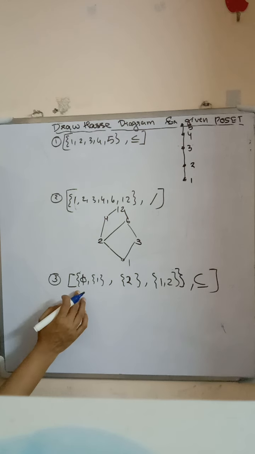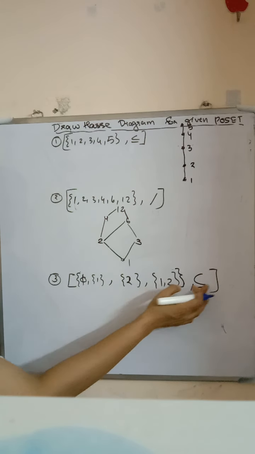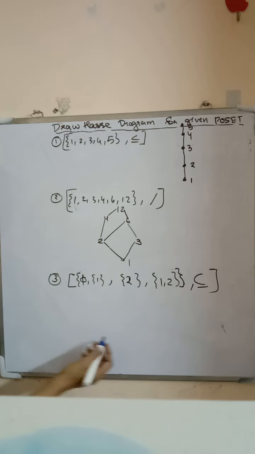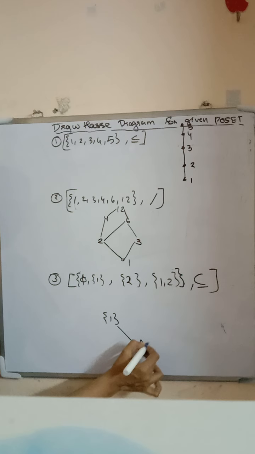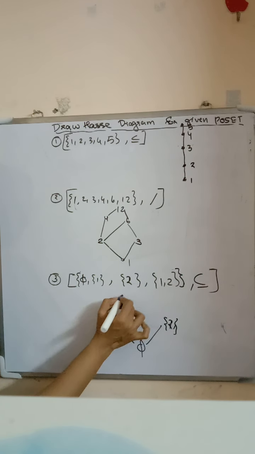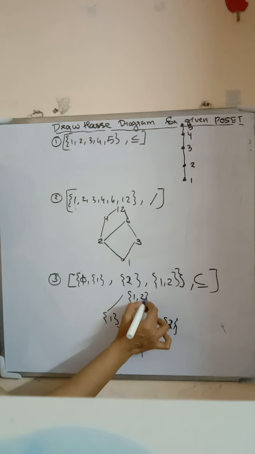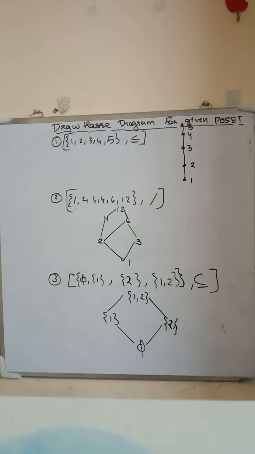Next, consider another poset: the set of the null set, {1}, {2}, {1, 2} under the operation inclusion. Here the null set is a subset of {1}. The null set is a subset of {2}, and also {1} is a subset of {1, 2} and {2} is a subset of {1, 2}.